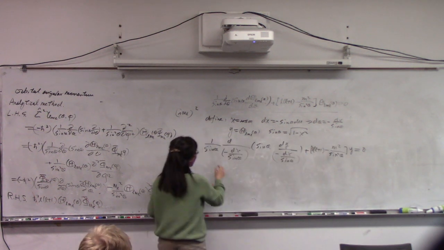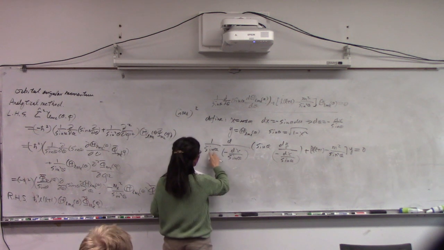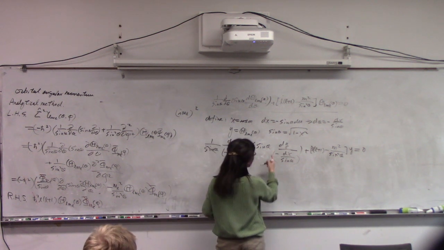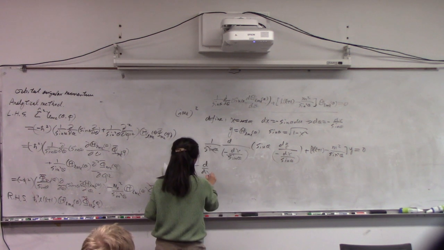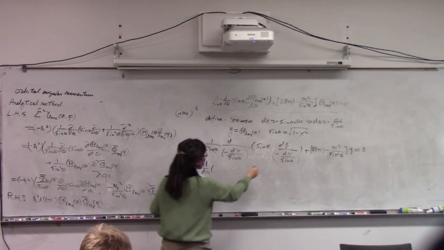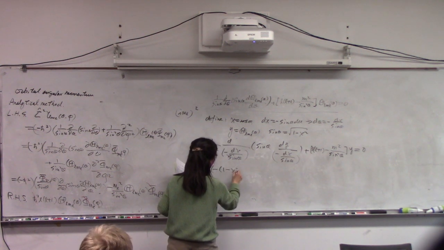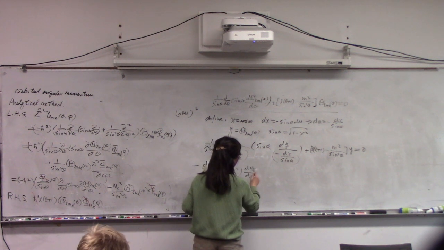Now this becomes sine squared, right? Because this one is cancelled, and this one is squared. So now here we have a negative d/dx, and this one is sine squared, that is minus (1 minus x squared) dy/dx.